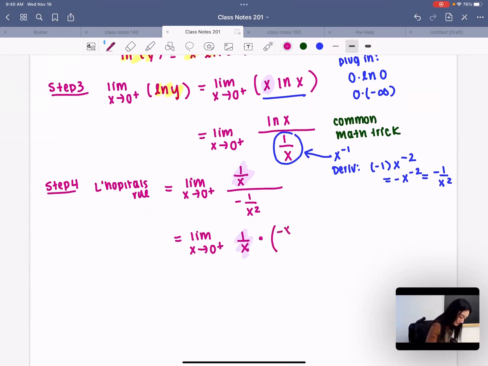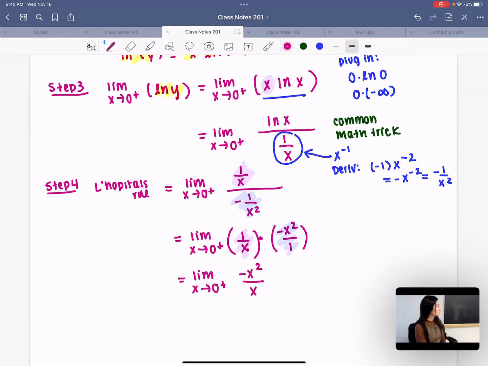So negative x squared over 1. Okay, so the bottom one ended up getting flipped. Once we're here, we have the limit as x goes to 0 from the right of negative x squared over x. Okay, how can we clean that up?